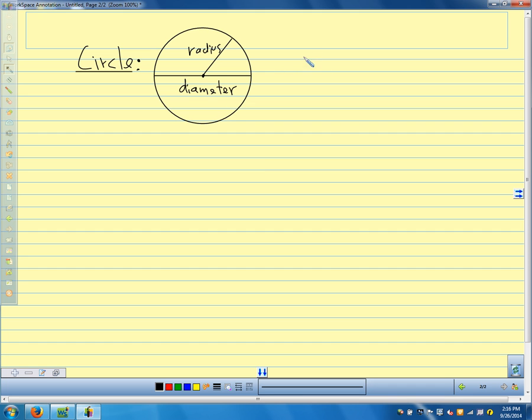All right. So our area of a circle. Remember? Pi r squared. And what do we call the distance around instead of the perimeter on a circle? Circumference.